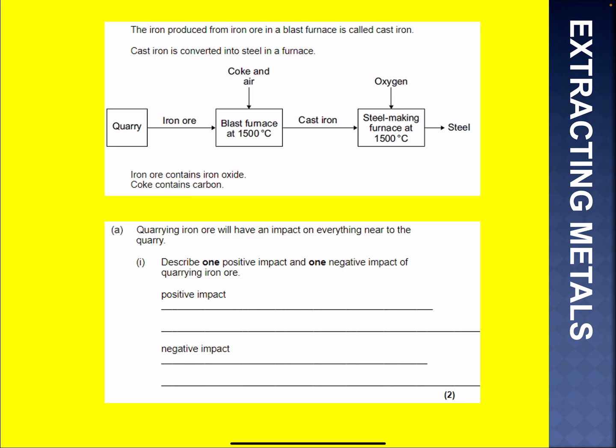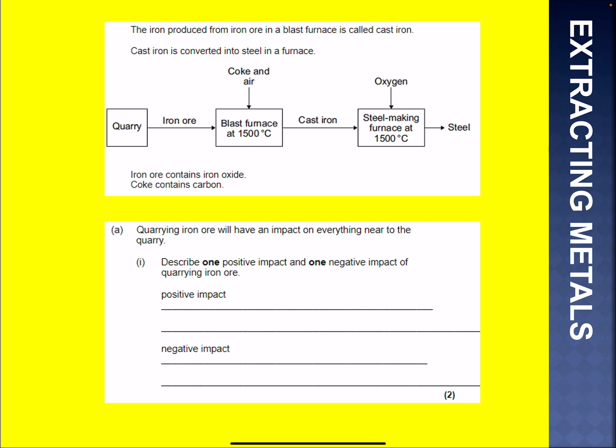Here are some exam questions. Have a go at these. The iron produced from the iron ore in a blast furnace is called cast iron. Cast iron is converted into steel in a furnace. So question 1. Quarrying iron ore will have an impact on everything near the quarry. Describe one positive impact and one negative impact of quarrying.